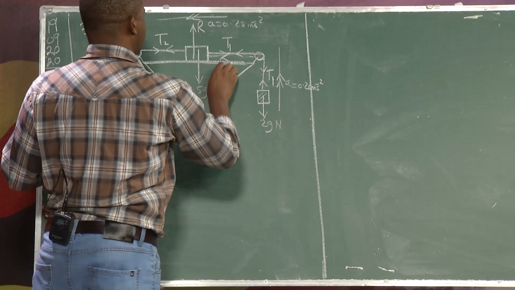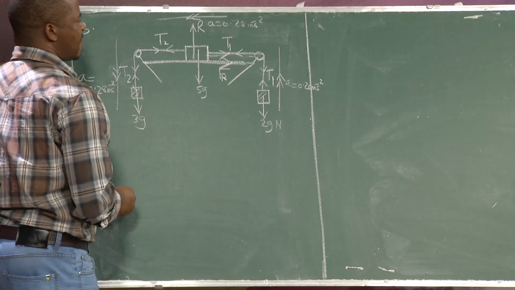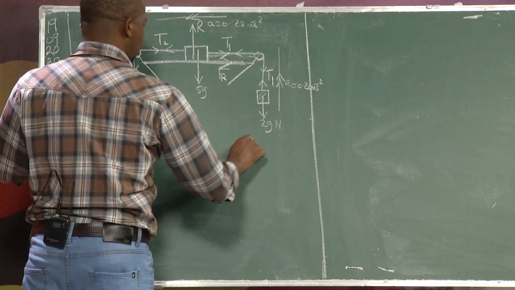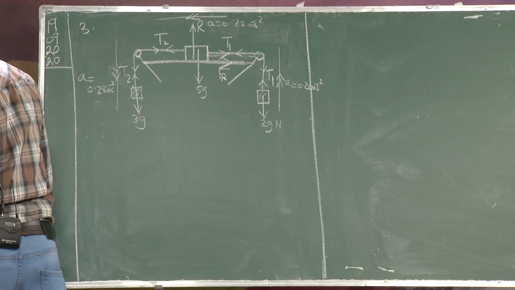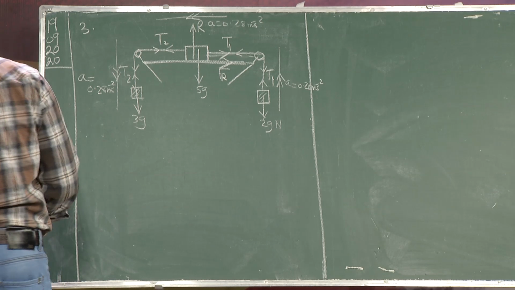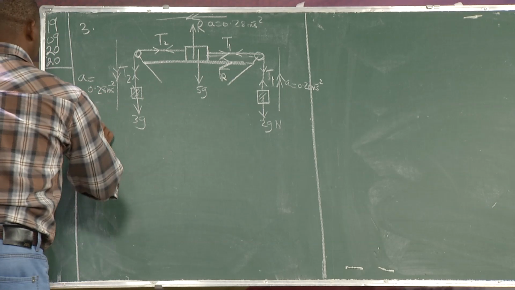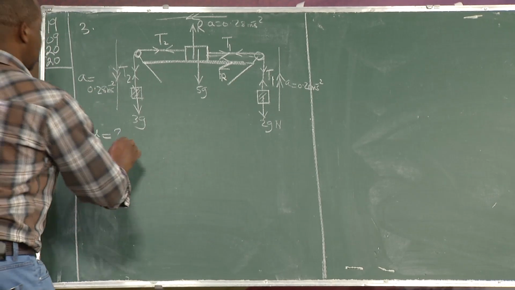So the frictional force, which I will still call Fr, is going to act there, and it is normal to the plane. So it is equal to mu R. Now, they want us to find the coefficient of friction. They want us to find mu. Mu is not known.